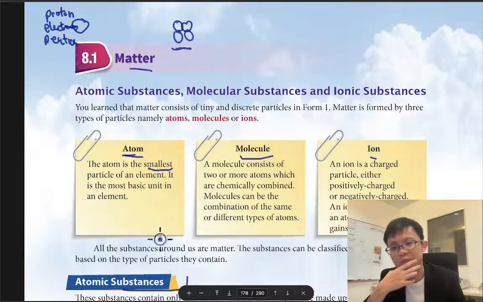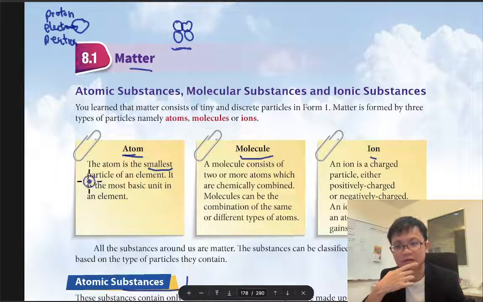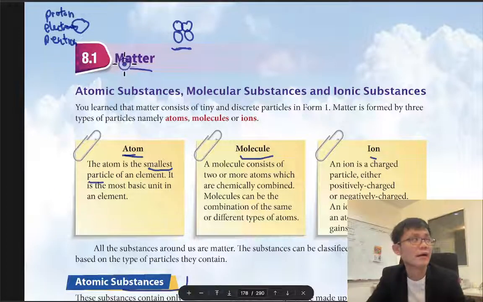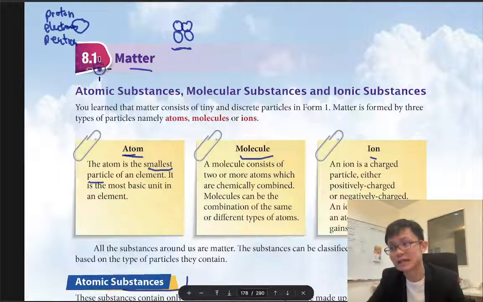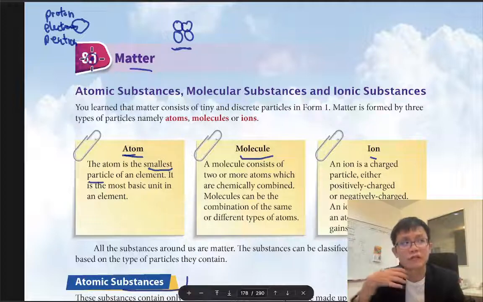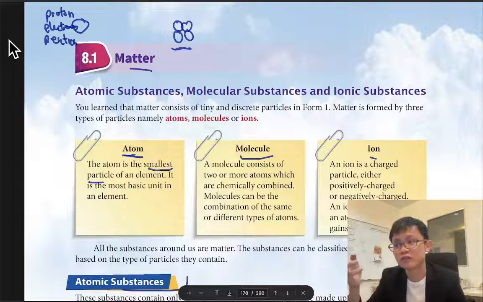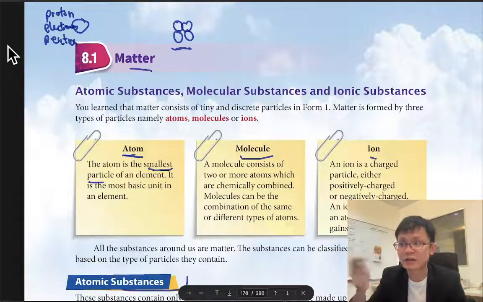Of course, you might be confused: smallest particle, can I say proton, electron and neutron are particles? In some sense you can say it, but there is no need to, because we usually say proton for proton, neutron for neutron, electron for electron. Let's say electron transfer, we just say electron transfer.